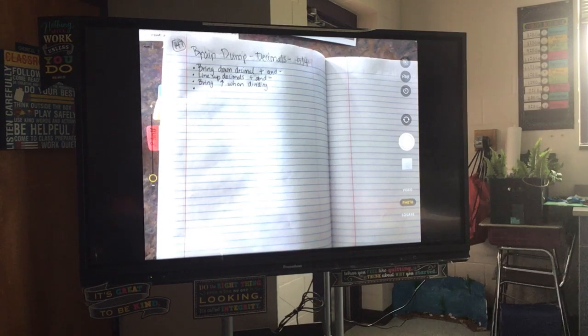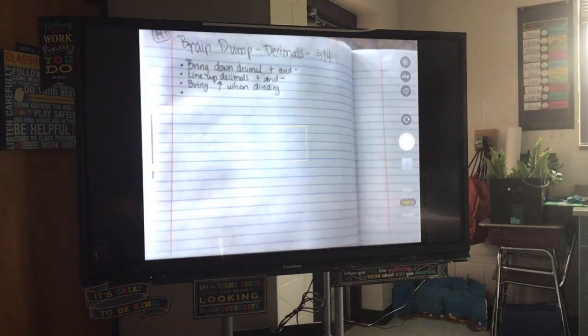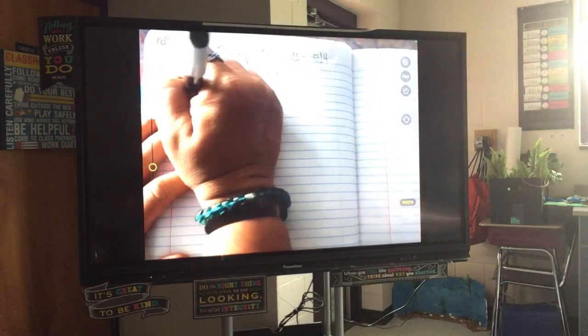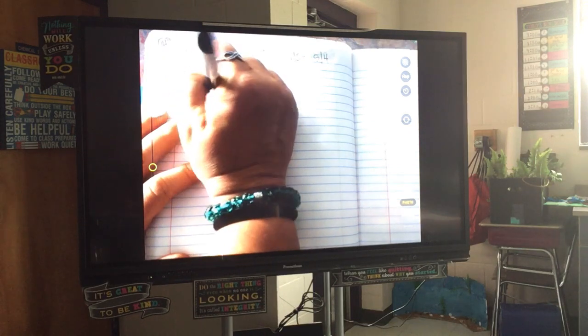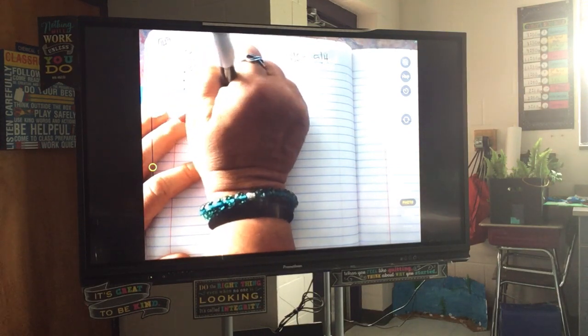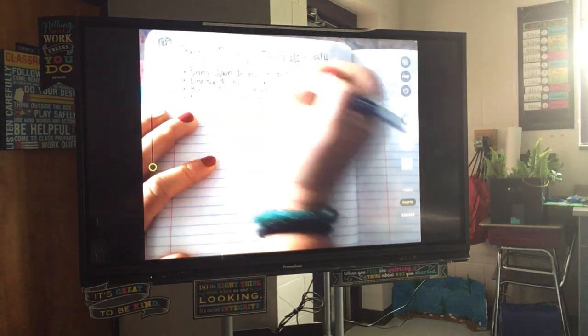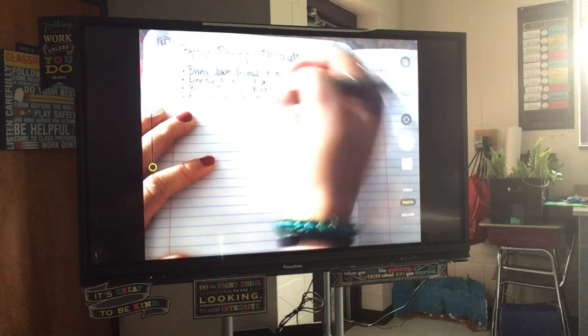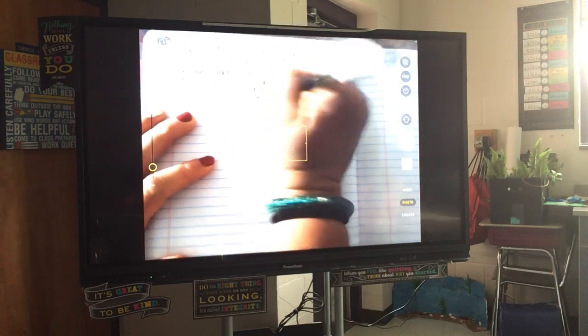Okay? What else, guys? What do we have to do if we have a decimal on the outside of our division house? Ben? Gotta move it to the right until it makes the decimal number a whole number.